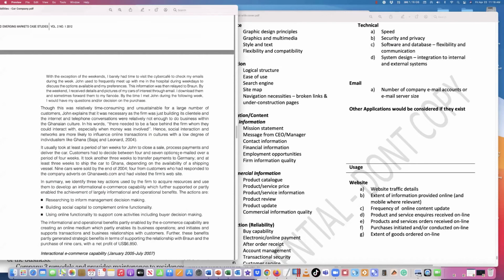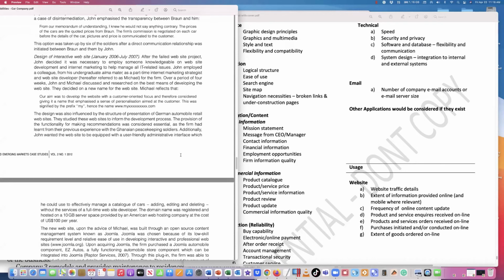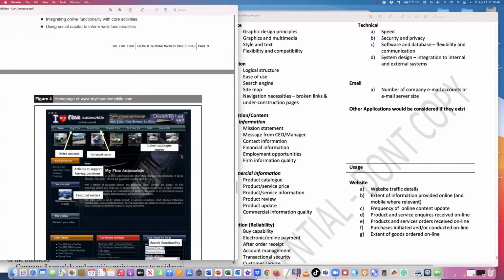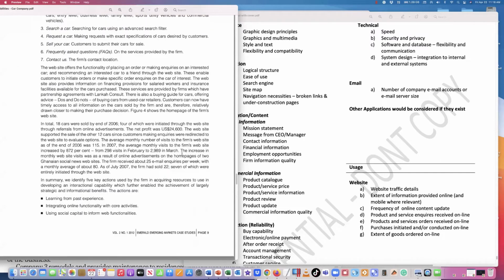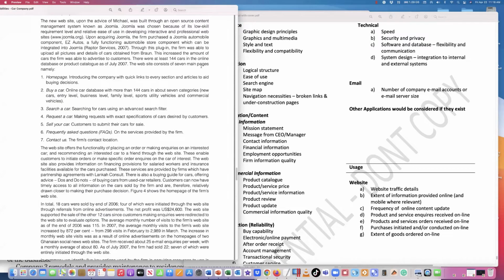We did a second one. Look at this one too. The second artifact is another artifact of the company's website. The website consists of 7 pages: product, homepage, buy a car, search a car, request a car, sell your car, and frequently asked questions. The website functionality is for this and that. At the end of the day, how many cars were sold through the website?